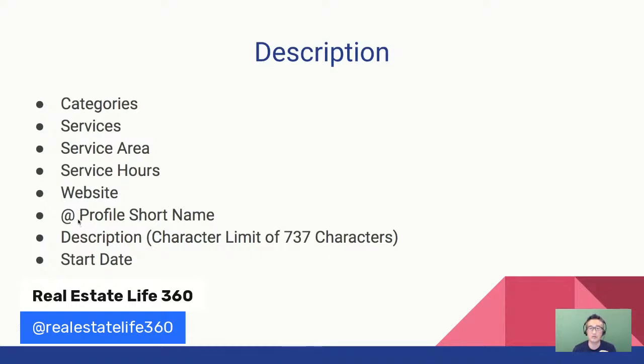And then the other thing that's important is why you want to get your Google My Business listing as soon as possible, so that you can have a profile short name that represents you. And that is unique. So if somebody already took, like, Jane Smith, or your name, my name, Paul Kim. The reason why I use in my social media platforms, this right here, is Paul Y Kim 360.